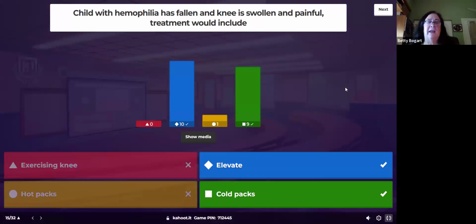Remember that acronym, okay? It's rest, ice, compress, elevate. If I put a hot pack on a child with hemophilia, you would dilate the blood vessels and he'd be bleeding more. So you put cold on it.